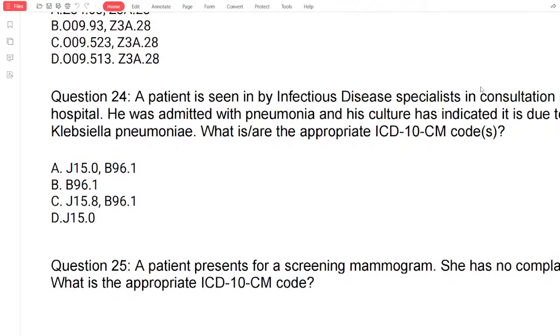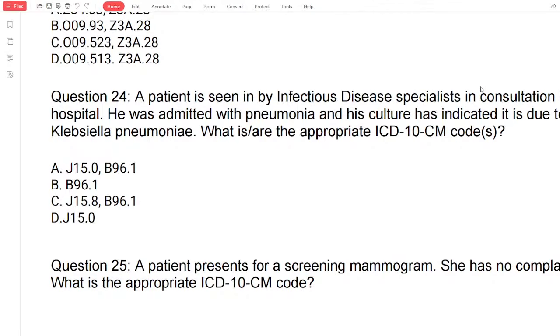24th. Kidu, what about this question 24? Check the code, dear. Is it B? Yeah, Akash, correct answer.